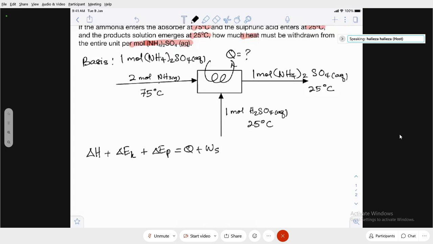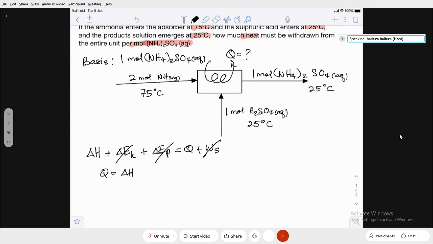So we need to drop the terms for kinetic energy, potential energy, and shaft work because there are no moving parts, no change in elevation, and no change in velocity. So cancel that off. You end up with Q equal to the change in enthalpy.